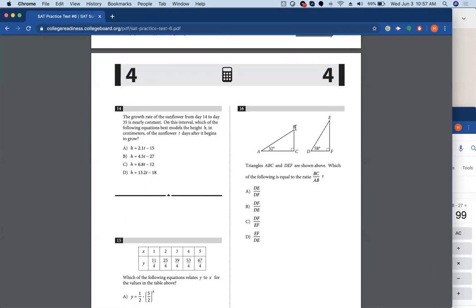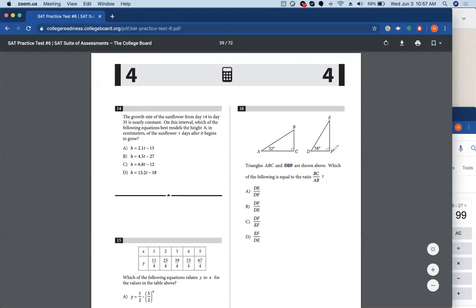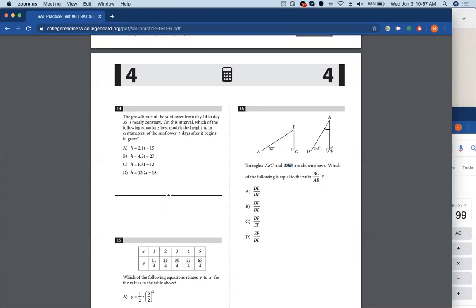Okay, triangles ABC, DEF, shown above. What is equal to the following ratio? If you calculate it, 90, 120, or 58, you're gonna get 32 over here. You're gonna get 58 over here. Then we see that they are similar triangles, right?